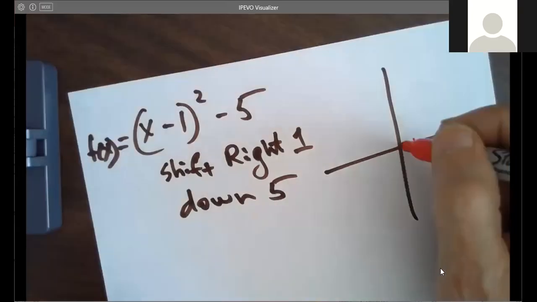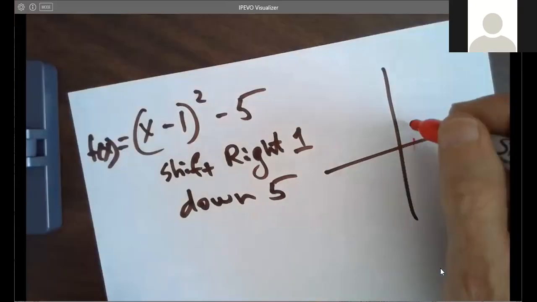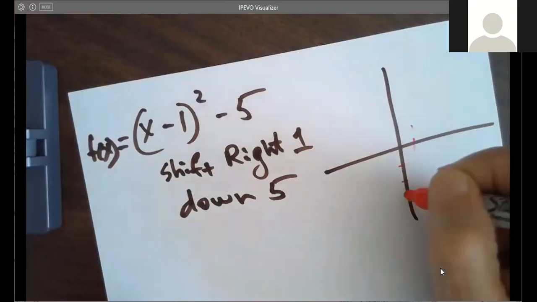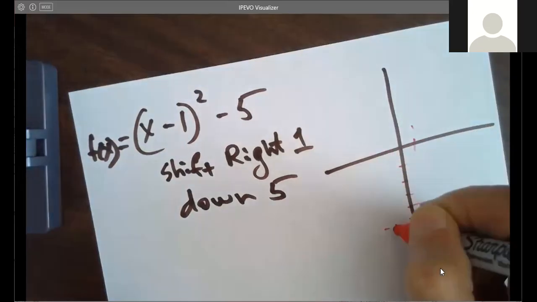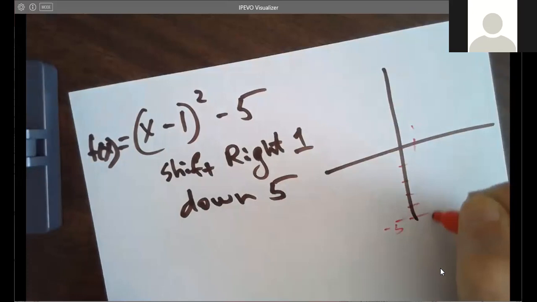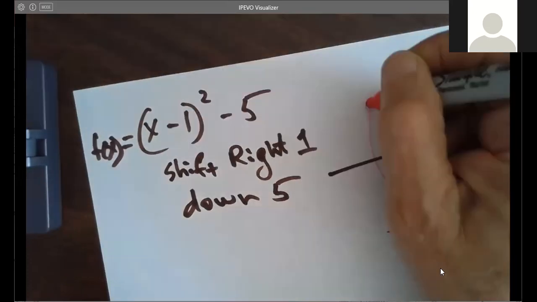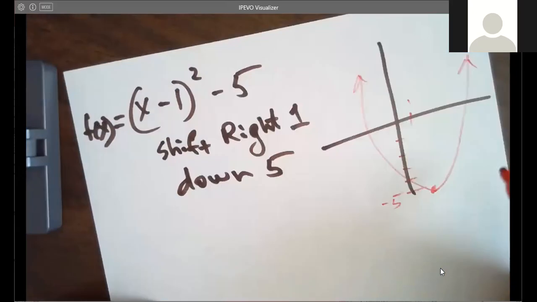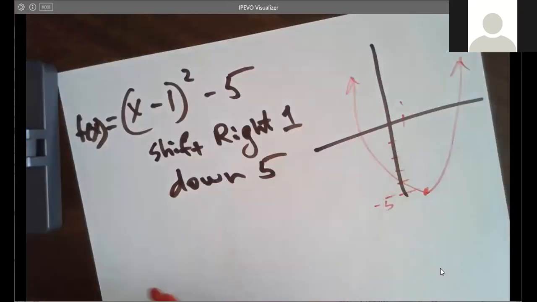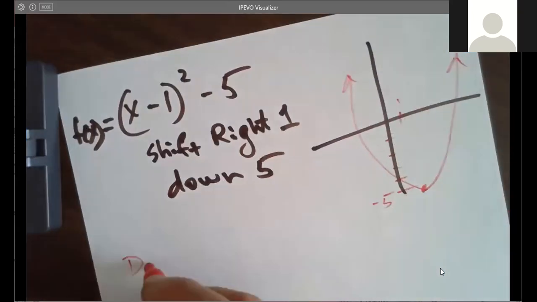Instead of being at the origin, now it's going to shift right 1 and down 1, 2, 3, 4, 5. Okay, so the domain is always going to be negative infinity to infinity.